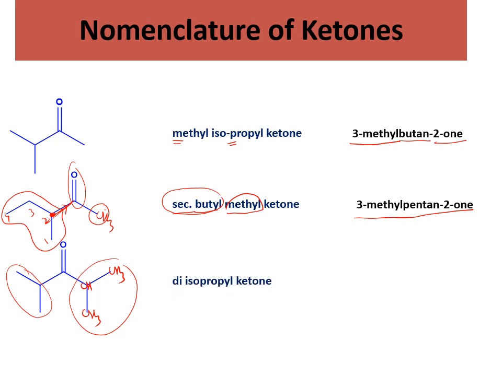So you will get di-isopropyl ketone as the common name, and 2,4-dimethyl pentane 3-one is the IUPAC name, which probably you have given on your own as per my suggestion. Okay, so this is how we are giving the common names and IUPAC names to these compounds.